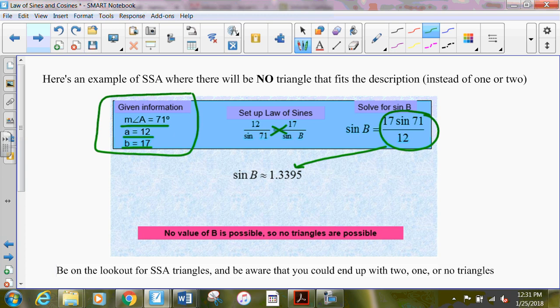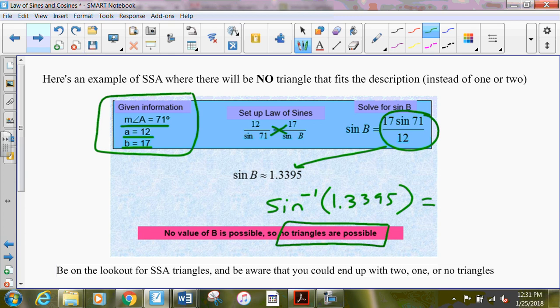Is there an angle out there that has a sine that's greater than 1? I think not. And if you don't believe me, just go ahead and pause and put the inverse sine of 1.3395 and tell me what it gives you. It's just not possible.